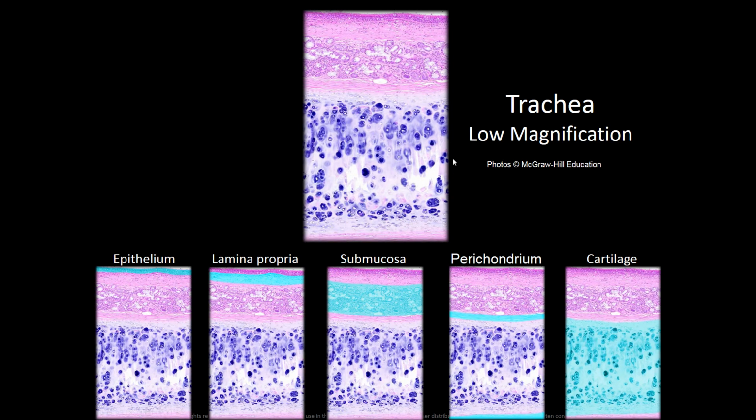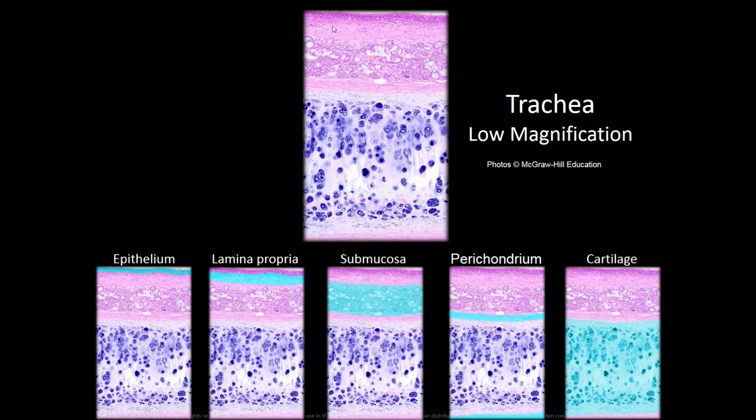So this is the histological view or microscopic view of the trachea. This is the epithelium of the trachea, pseudostratified columnar with cilia and the goblet cells that secrete the mucus onto the surface of the epithelium so you can trap the debris.